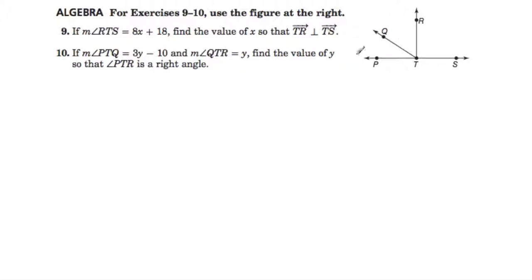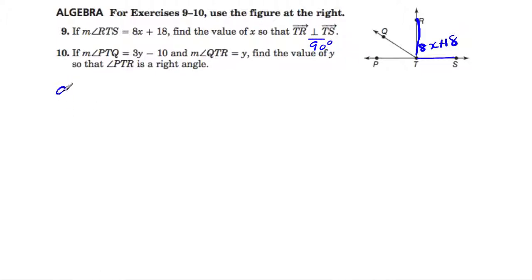So I have this diagram and it says that the measure of angle RTS is 8x plus 18. We want to find the value of x so that ray TR is perpendicular to ray TS. Well, if they're perpendicular, that's going to mean this is a right angle, which means 90 degrees.